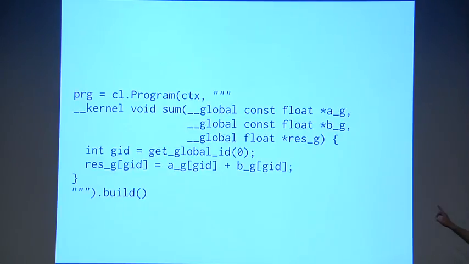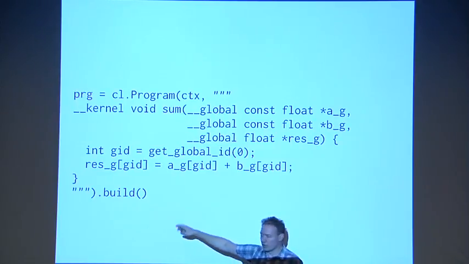We have prg, our handle to the kernels. There might be multiple kernels in this source code that's just inline here. And then sum is the function that we actually call when we launch the kernel. This one just uses a very simple operation, add a and b into result. And we call build to hand it off to the OpenCL compiler.